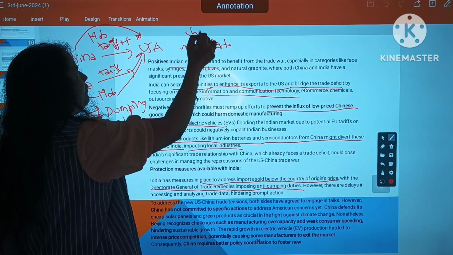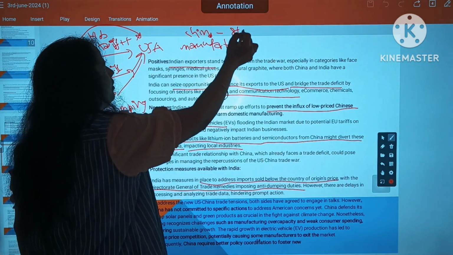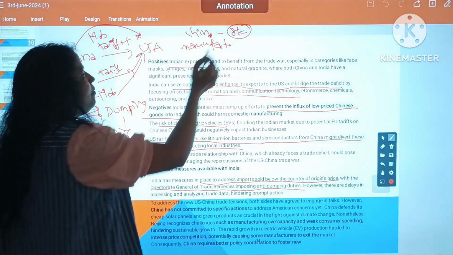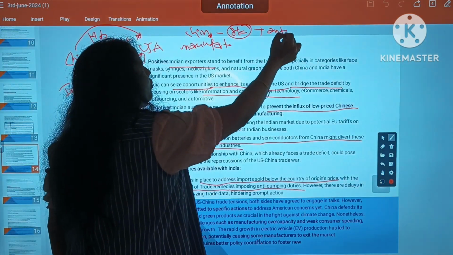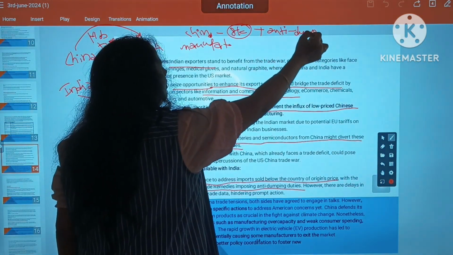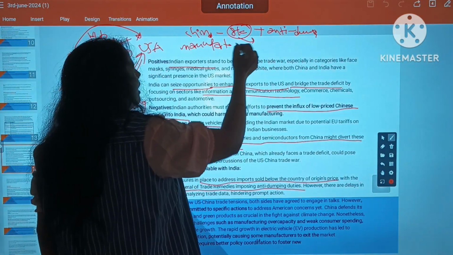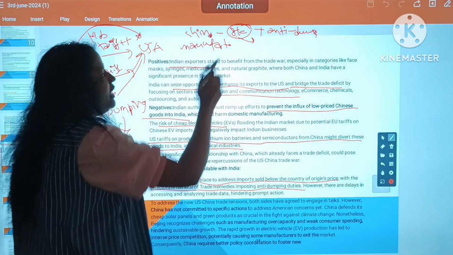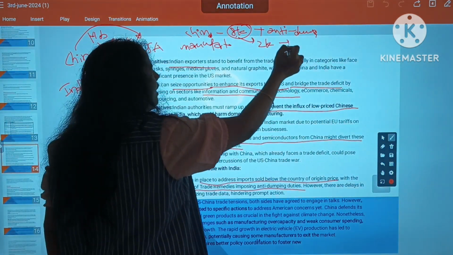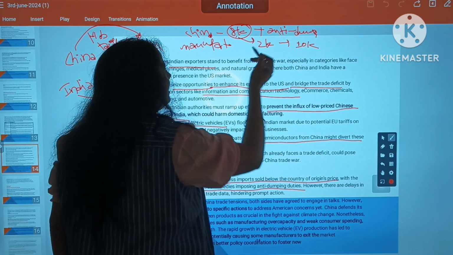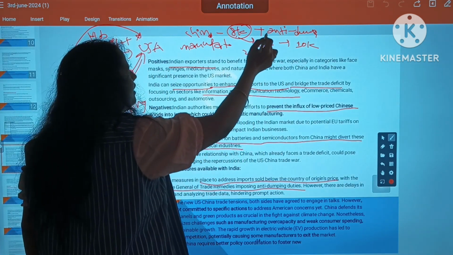Suppose China is manufacturing a mobile for 8,000 rupees, but it wants to sell it at a profit of 2k, at 10k rupees. But India adds 2k as anti-dumping duty.